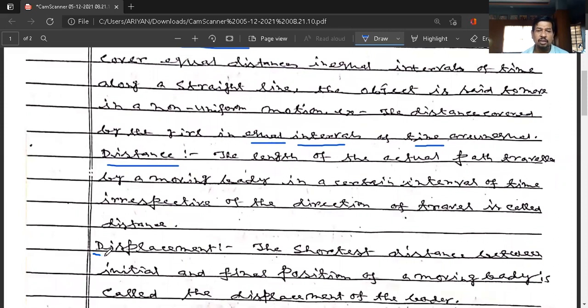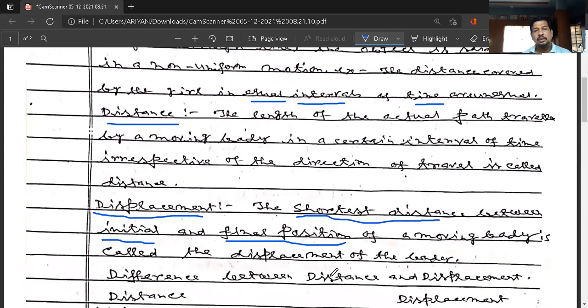The shortest distance between initial and final position of a moving body is called displacement of a body. তাহলে what is distance? Distance হচ্ছে the length of the actual path traveled by a moving body in a certain interval of time, irrespective of the direction of travel.